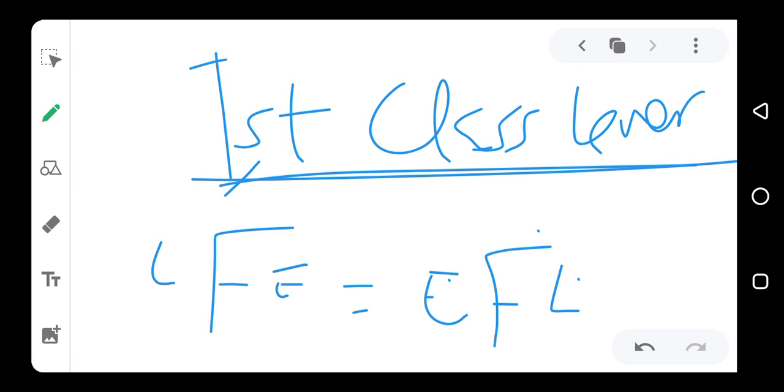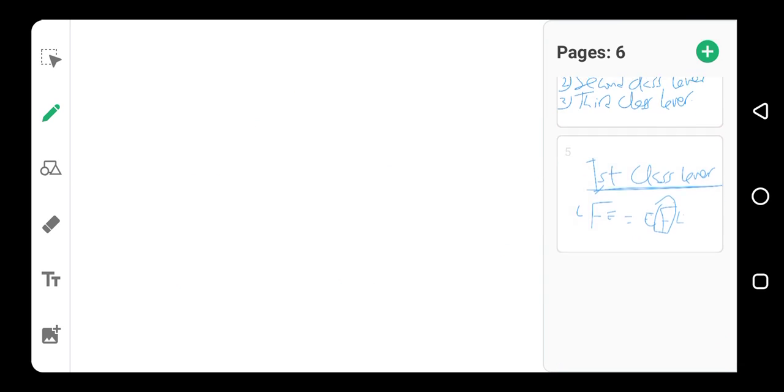Whichever way you use to remember it, just know that the fulcrum is between the load and the effort in a first class lever, EFL. Now let's see examples. Examples of first class lever are pliers, scissors, crowbar, and claw hammer. They are all first class levers.